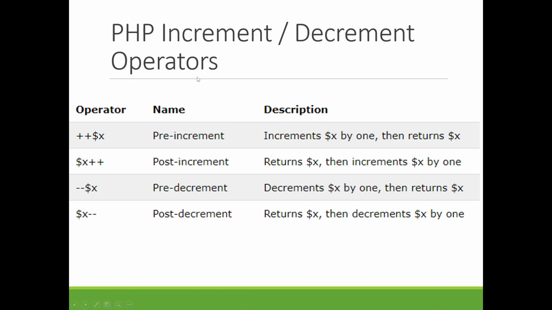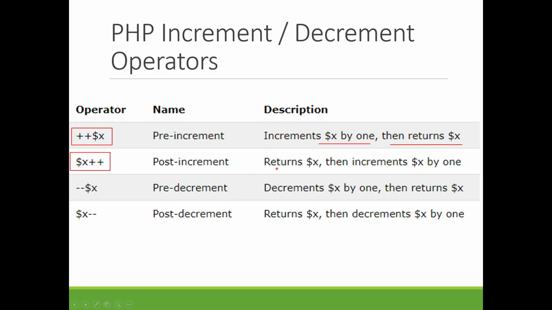Okay, then we have the decrement and increment operators. Now we have pre and post increment. Pre-increment, when we do ++x, simply means add 1 to x before evaluating any other expression. So increment x by 1, then return x.